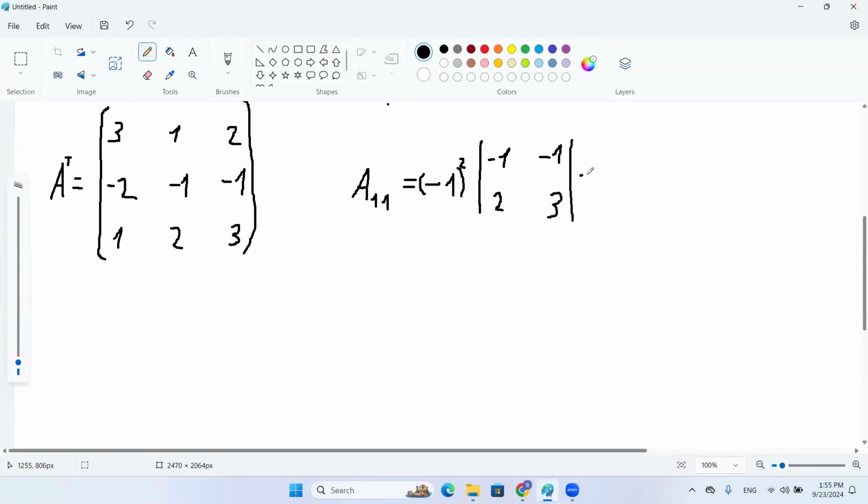So it will be 1 multiplied by -2 plus 2, it will be -1. Yeah, -1. Okay, and the next.